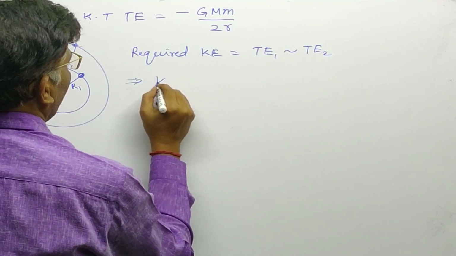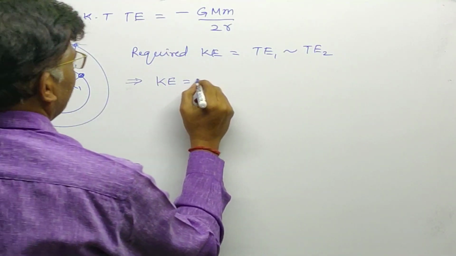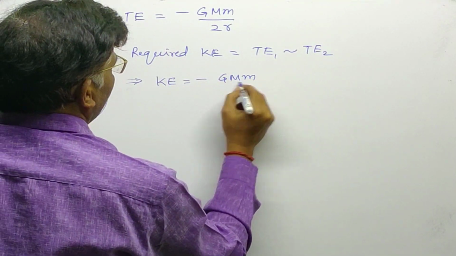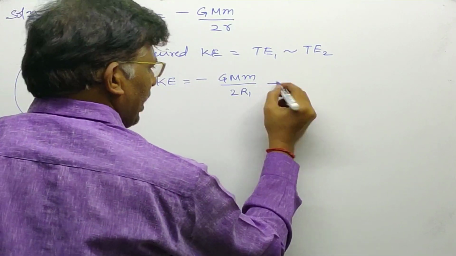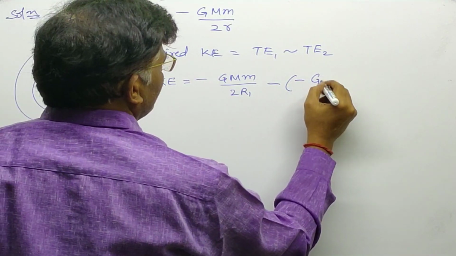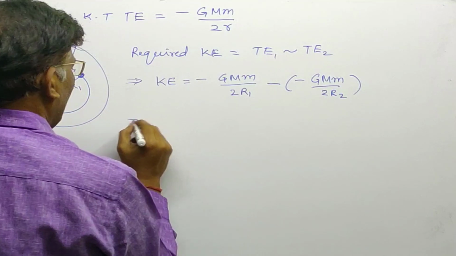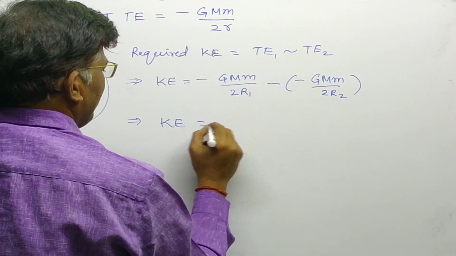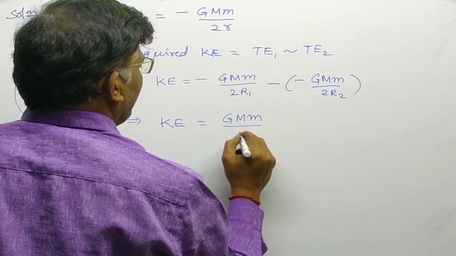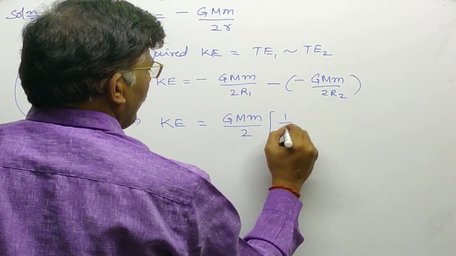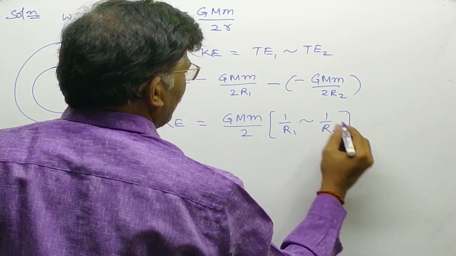So the required KE can be written as minus GMm divided by 2R1, minus of minus GMm divided by 2R2, or KE is equal to GMm divided by 2 into (1 by R1 minus 1 by R2).